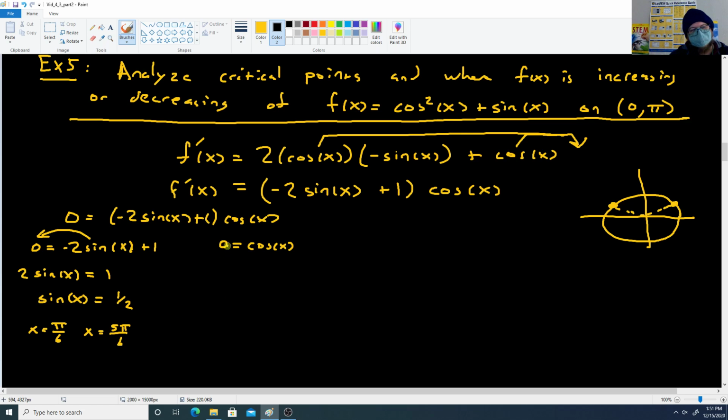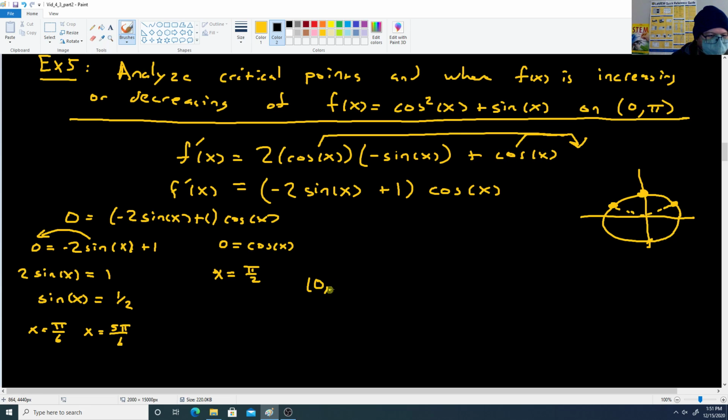And then we say, okay, where from 0 up to pi is cosine of x 0? And that's going to occur at x equals pi over 2. That's when the x value is 0. The other point where cosine is 0 is way down here, but that's outside of the 0 to pi range, so we don't use it.